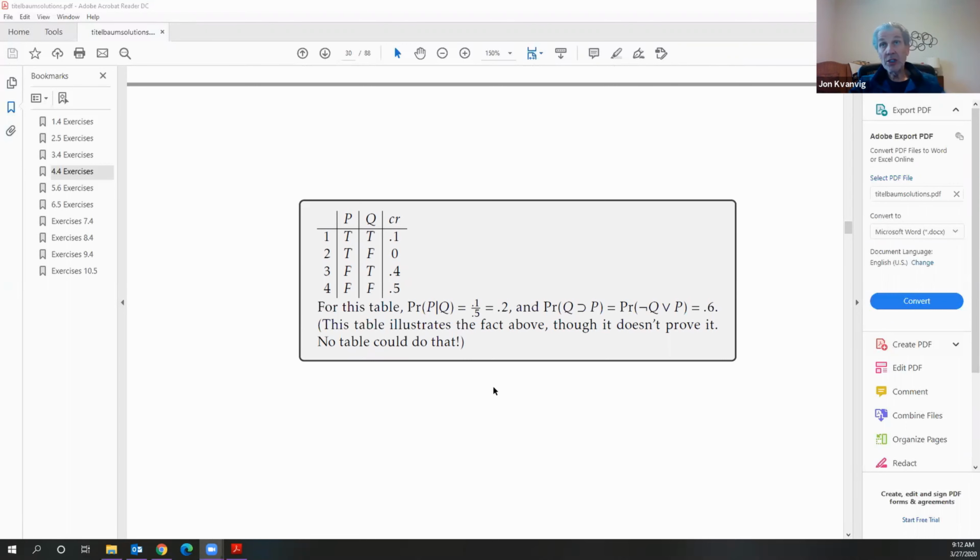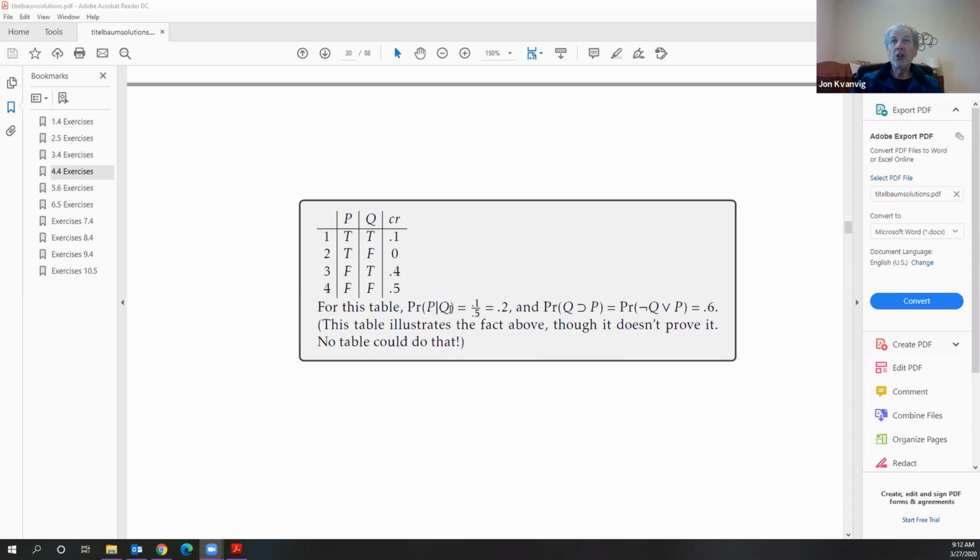You've got to do more than just construct a table and plop down some credences. In any case, I built a table, plopped in some credences to illustrate the fact in question. And what's crucial is that the sum of lines 1 and 3 has to be non-zero. And it is. So what's the conditional credence?